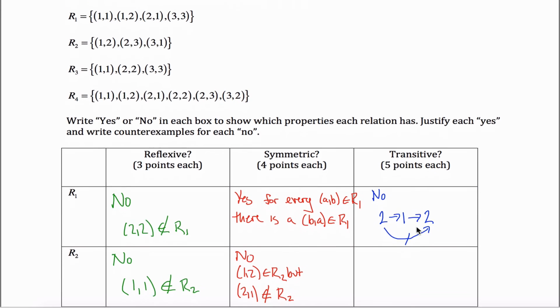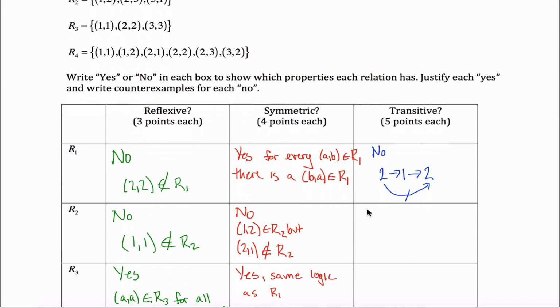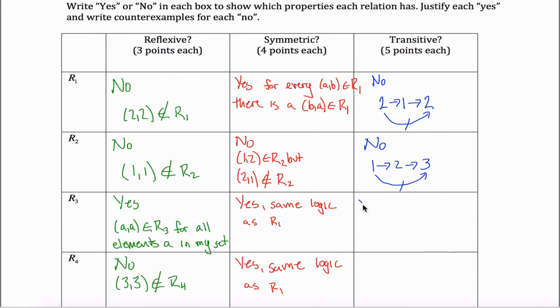What about R2? Well, let's see, there's an arrow from 1 to 2 and an arrow from 2 to 3, but there's no arrow from 1 to 3. There's an arrow from 3 to 1, but that doesn't help you. This is another no. There's an arrow from 1 to 2, an arrow from 2 to 3, but there is not an arrow from 1 to 3. What about R3? Yep.